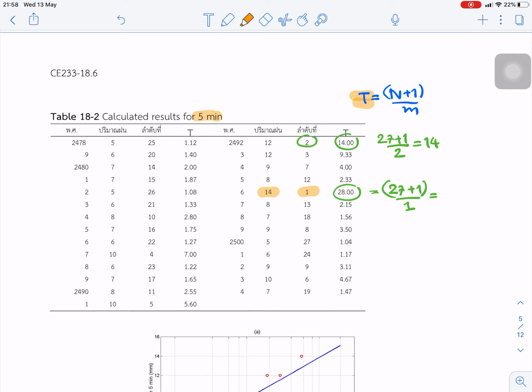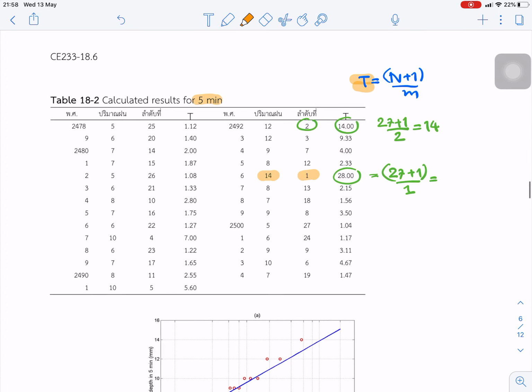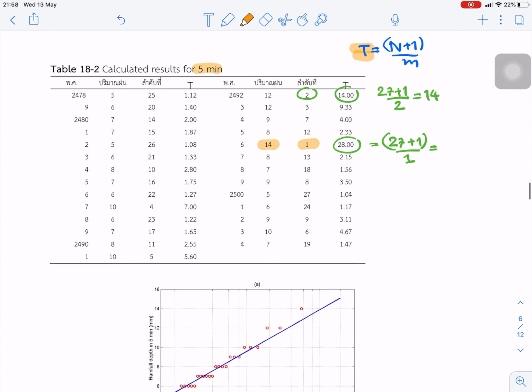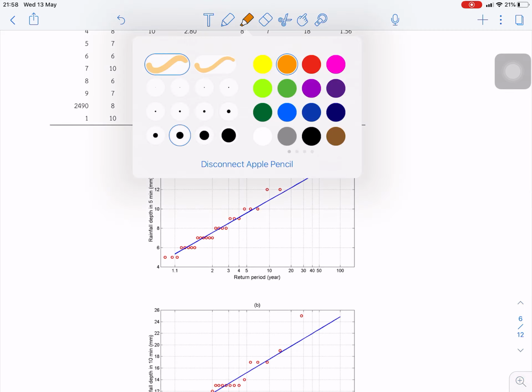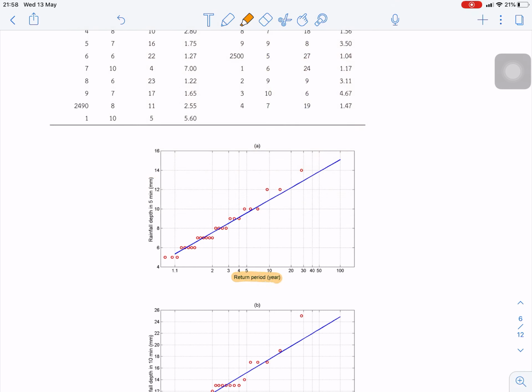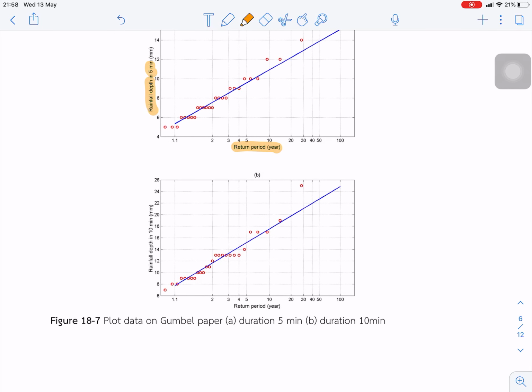Next, we plot the return period T with the depth of rainfall. That is the next graph. Here we plot the return period T with the rainfall depth for 5 minutes. Each red dot represents one of the 27 years from the observed data, and this plot is for 10 minutes.